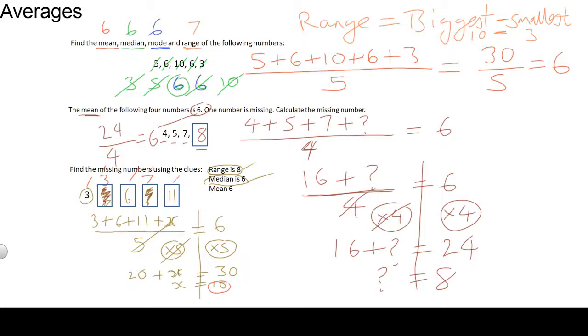Yeah, that could work. They are smallest to biggest. Is there another possibility? Let's have a look. Yeah, maybe 4 and 6. 4 add 6 does make the 10. And are these numbers smallest to biggest? 3, 4, 6, 6, 11. Yeah, so that's another possibility.